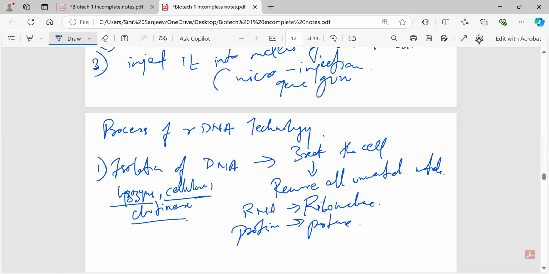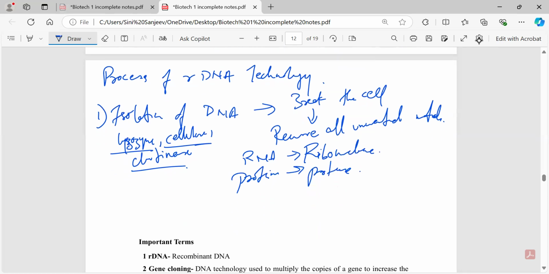Finally, whatever purified DNA you have, you have to precipitate it out by putting it into chilled ethanol, which is nothing but alcohol, and then you will see small fine threads of the DNA in your chilled ethanol.